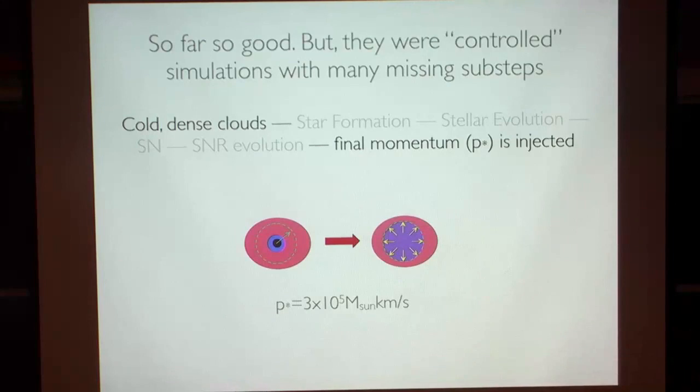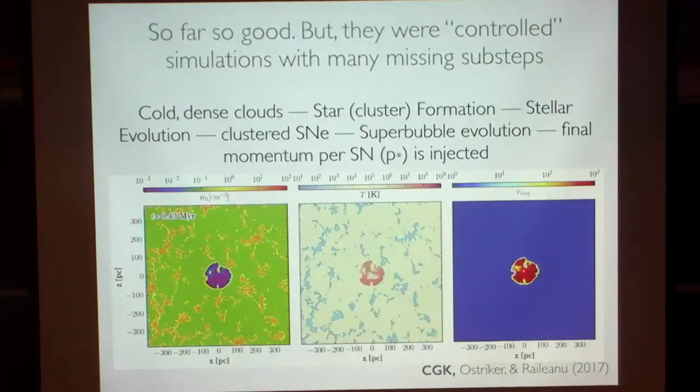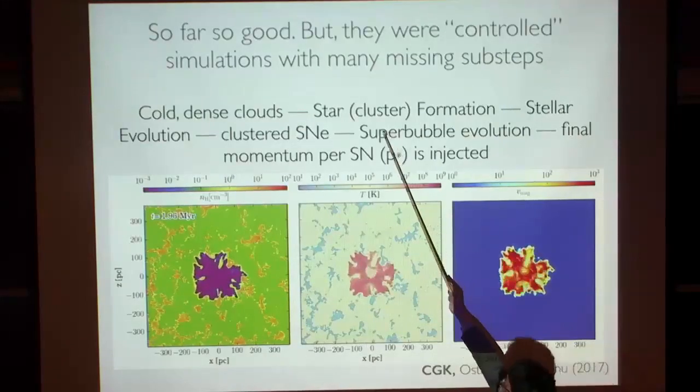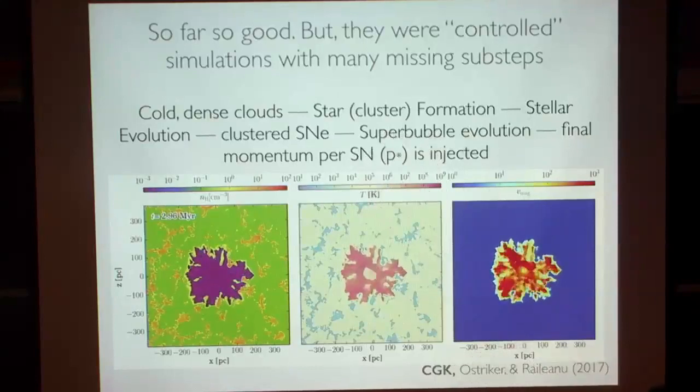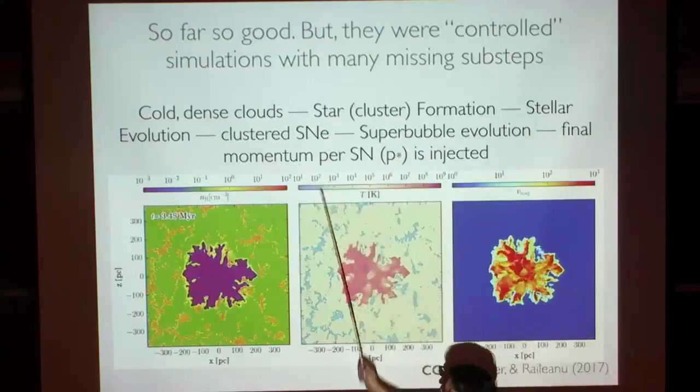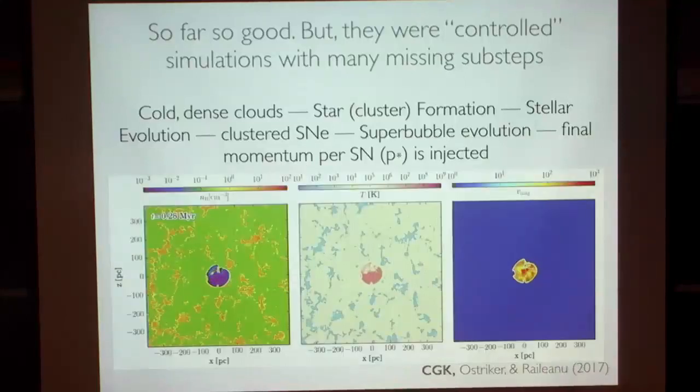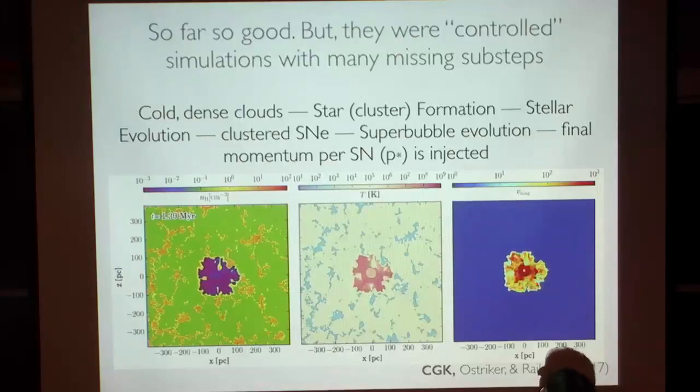But now, I want to really include things. In addition to that, we will consider not just star formation, but star cluster formation that will give clustered supernovae, and that will produce not just supernova remnant evolution.